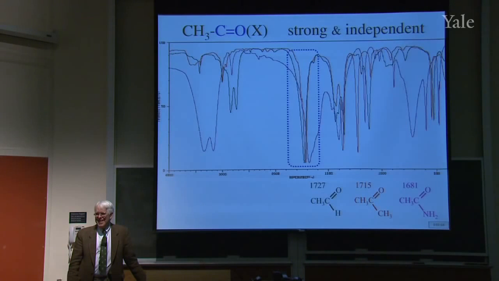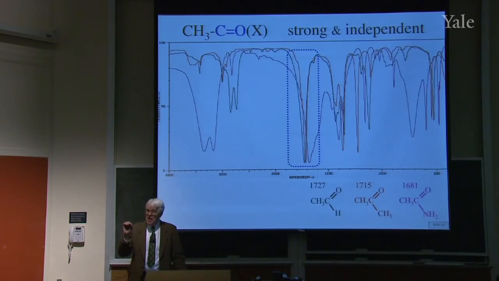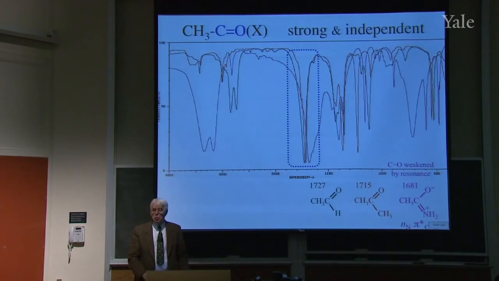The interaction between the lone pair of nitrogen and the pi star. So you put electrons from the nitrogen into the anti-bonding orbital of the CO, weakening the CO bond and lowering its vibration frequency. So there's the unshared pair. We mix it with pi star, and it gets to 1681, right? So the CO is weakened by resonance, by occupancy of the pi star.